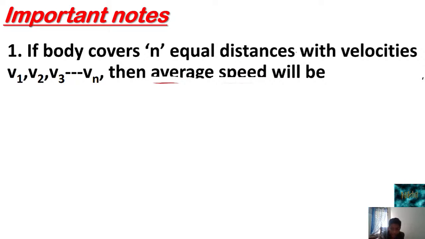So if the body covers equal distances with speeds V1 and so on, then what will be the average speed? You should write nd by nt instead of dn.